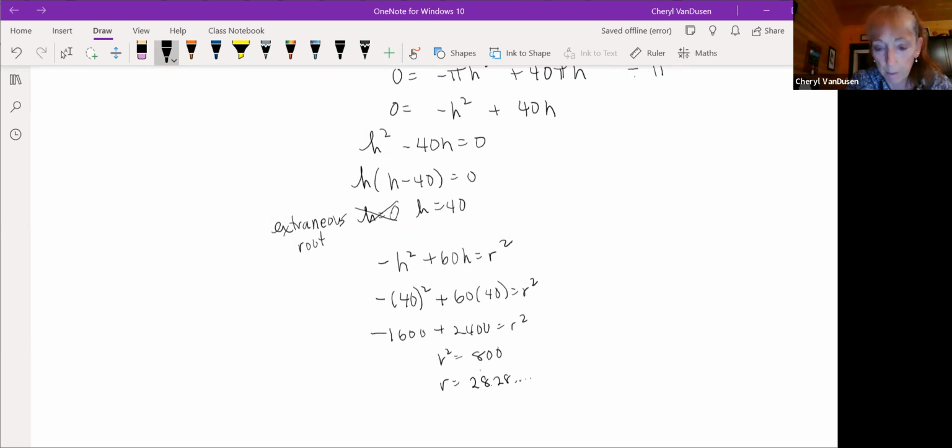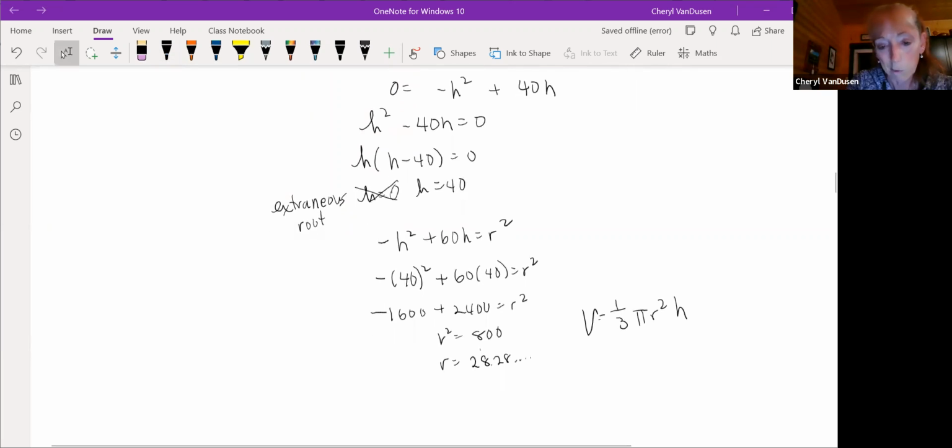Now, if you think about the volume formula, 1/3 pi r squared h, we really just need r squared. So we'll just kind of take it under advisement for the 28, because I'm so used to solving for just the actual term. So now we put everything in here. 1/3 pi, r squared was 800, the h was 40.